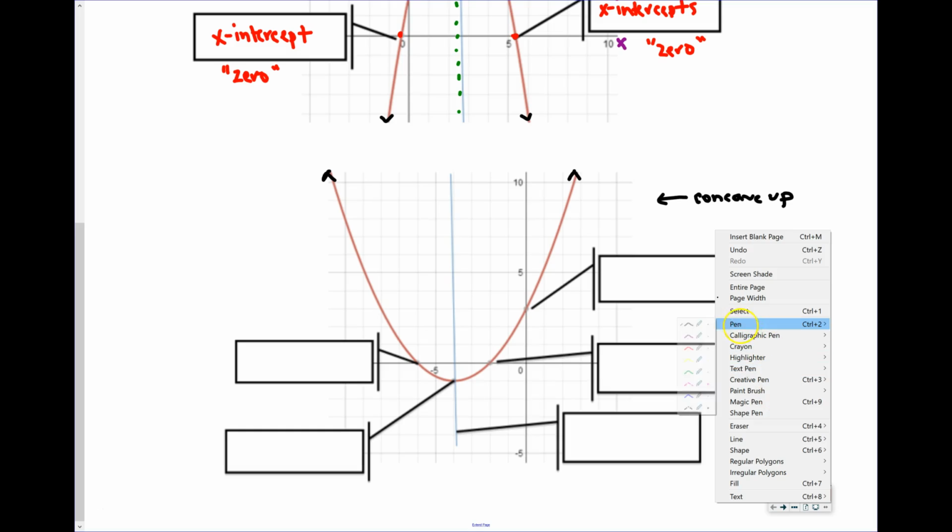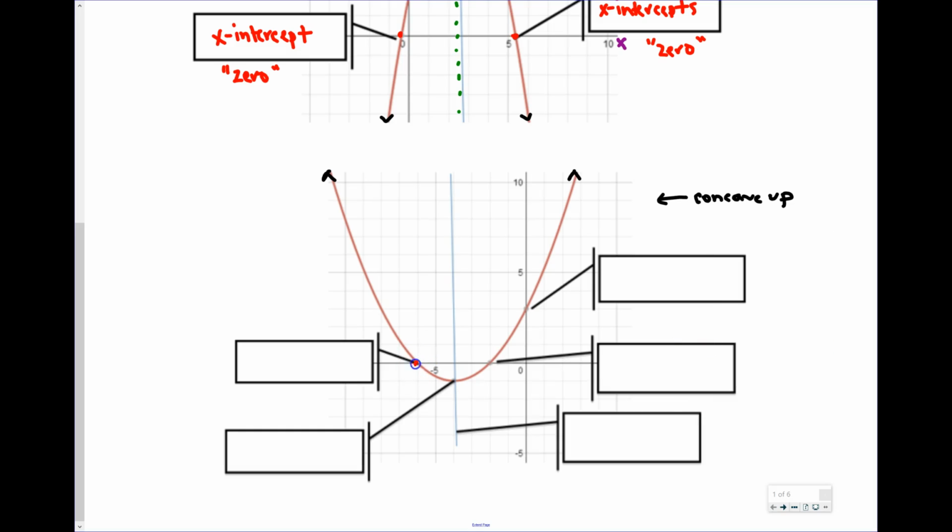All the other points here we can find. We can find the 2 x-intercepts, they're right there, or the zeros. We also have the vertex right here. It's not the peak, now it's the very low valley.